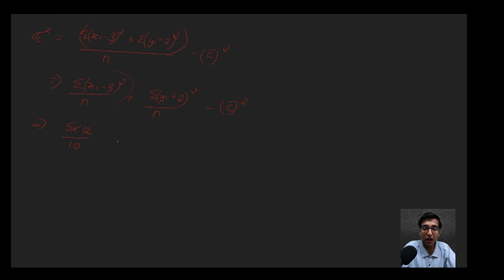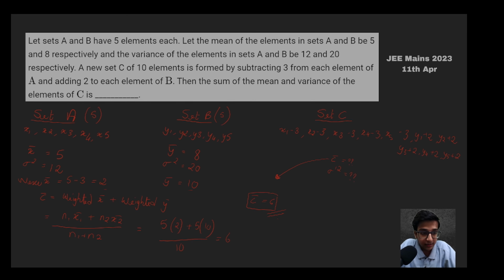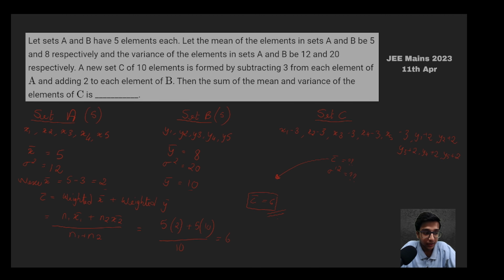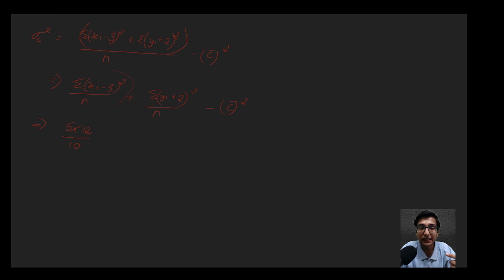I hope you are understanding how we are getting 5 into 12. This initial variance was 12, and we know xi minus 3 whole square would be 12 into the number of elements. So we are basically trying to take out the weighted mean for just the first part of the variance and not the second part. So similarly for this one, we would get it to be 5 into 10 upon 10 minus c bar, which is, let's write it down, the value 6 whole square.